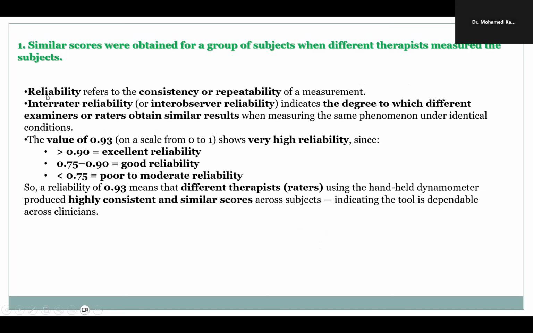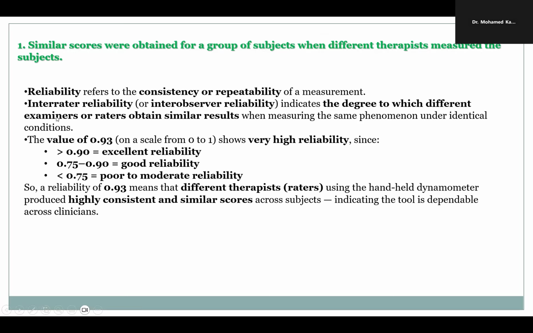So what is reliability? If I say that you are a reliable person, like every task I give you, I can depend on you, you do it, you are always coming almost at the same time every day. You are consistent, you are reliable.